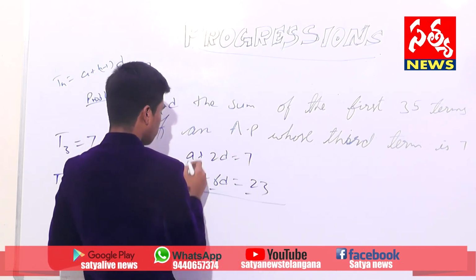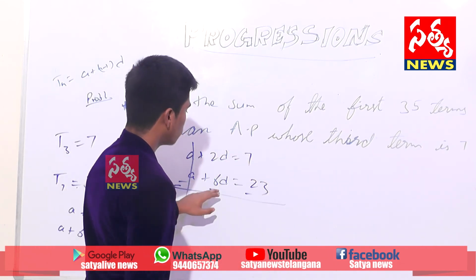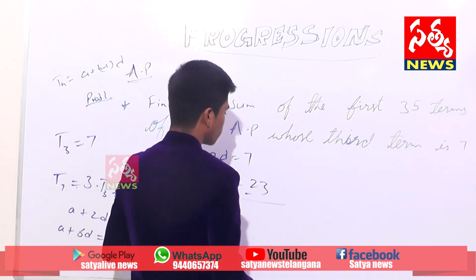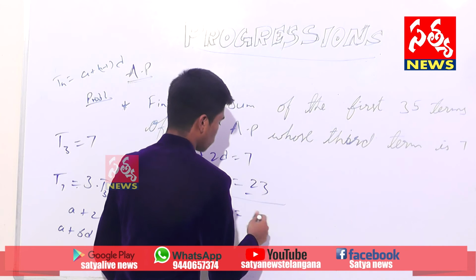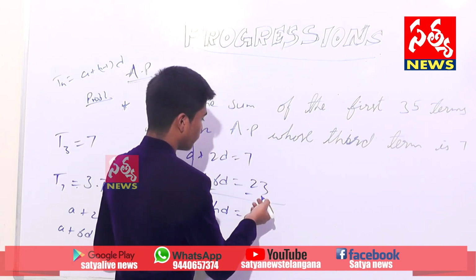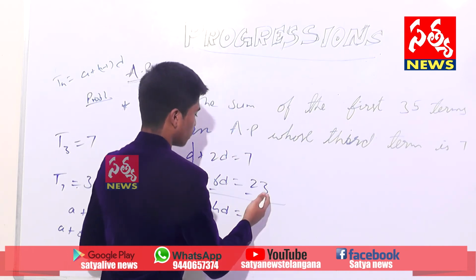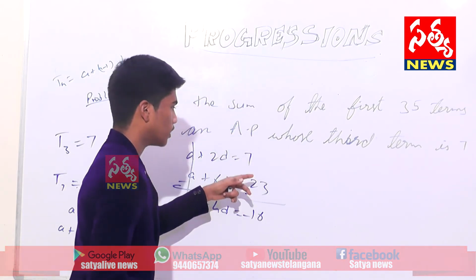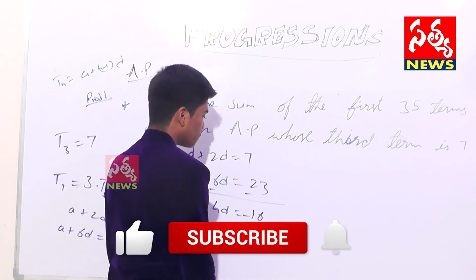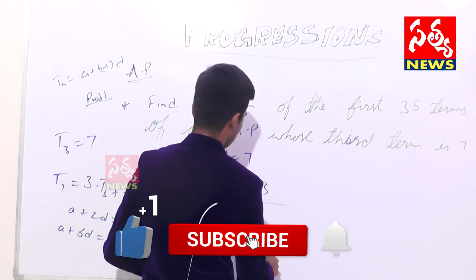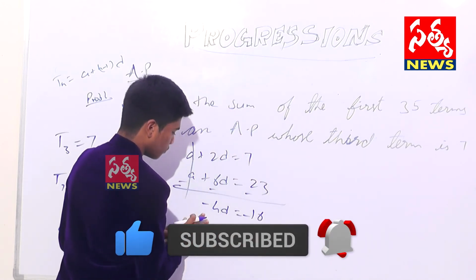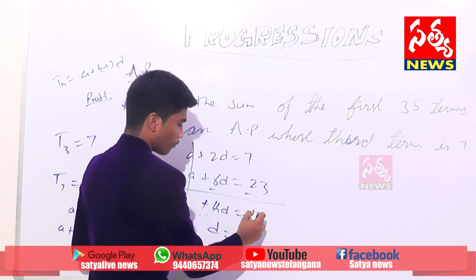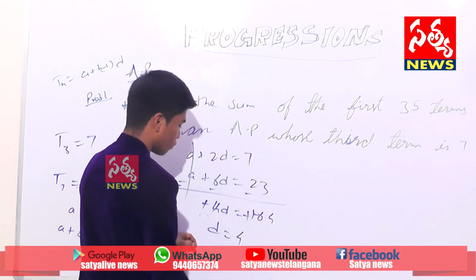I am subtracting them. A gets cancelled. 6D minus 2D, 4D, equals 23 minus 7, which is 16. Yes, it's 16. Now the negatives get cancelled. D equals 16 by 4, which is 4. D equals 4.